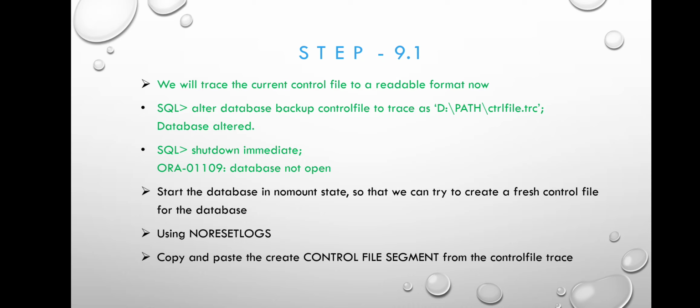Mention the path carefully. Now shut down the DB again. Now start the database again in nomount using noresetlogs to create a fresh control file for the DB. Now you can copy the create controlfile segment from the control file trace.